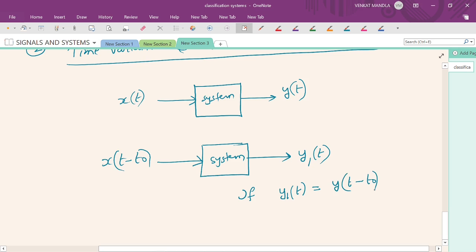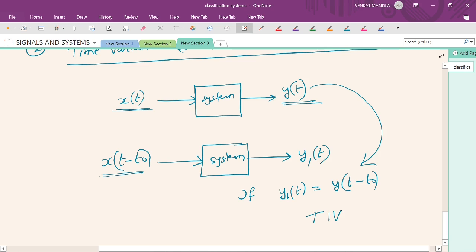that is, initially I applied x of t as the input and I got y of t as the output. Then I applied a delay in the input, x of t minus t naught. If I get the same delay in the output, that is y of t minus t naught, then the system is time invariant.